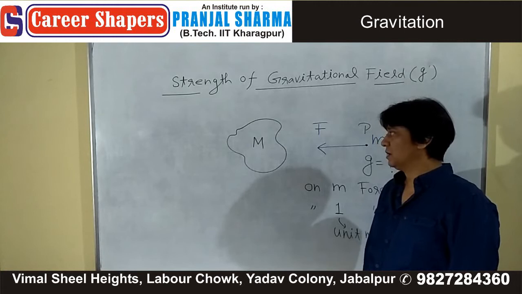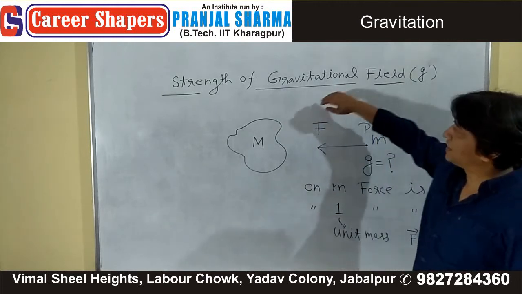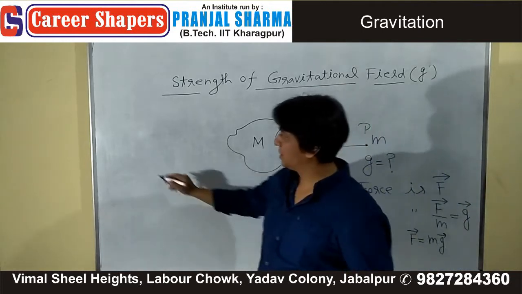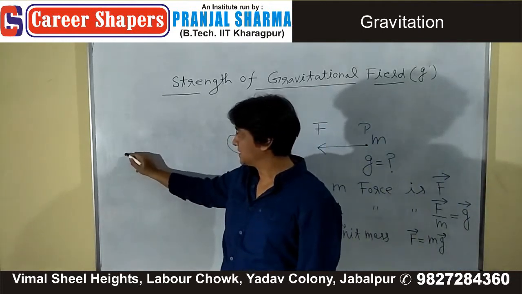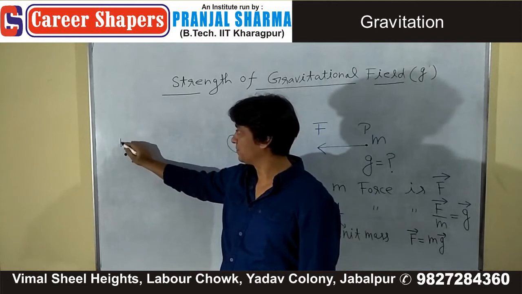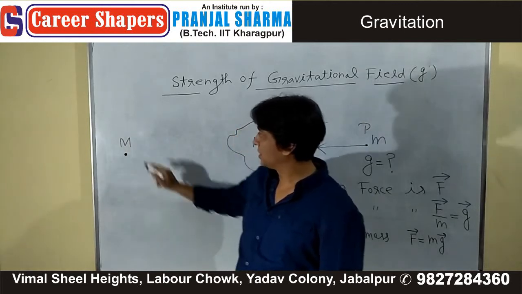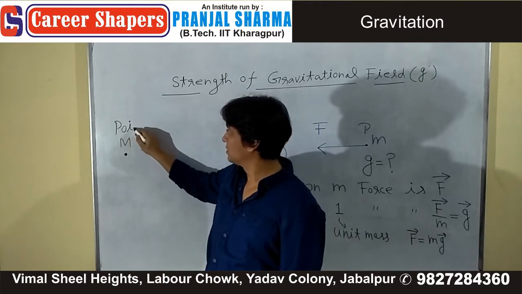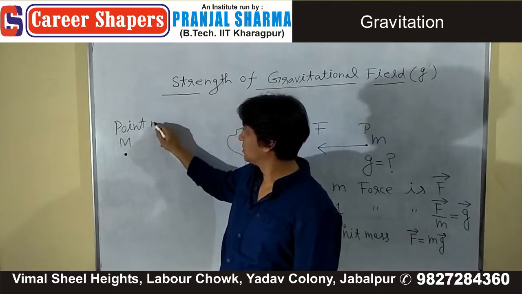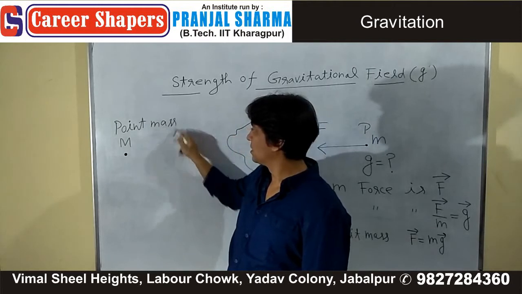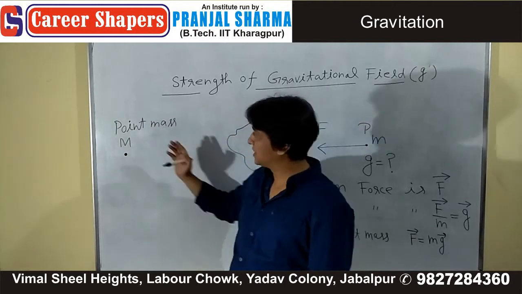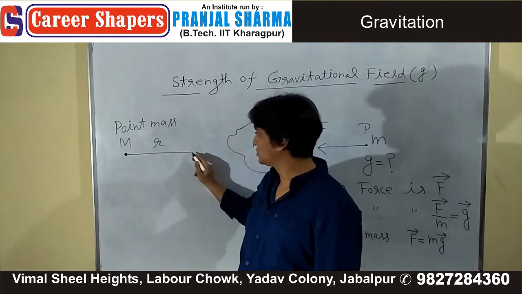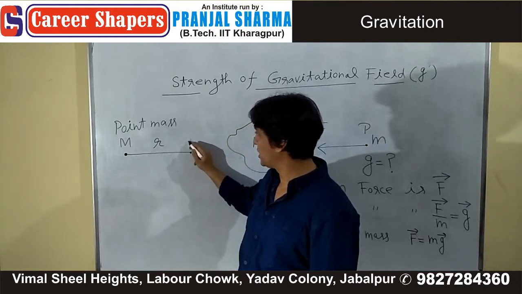Find out gravitational field of a point mass at a distance r from it. This M is the point mass. And we need gravitational field of this point mass at a distance of r from it, at this point P.